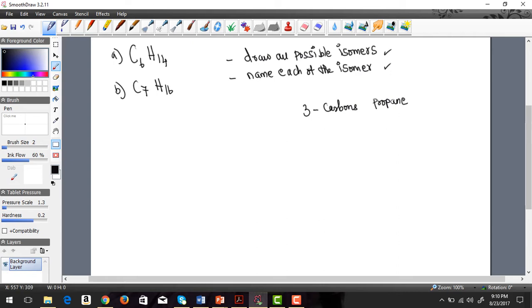Even if it is a derivative, for the straight chain part you only focus on the number of carbons. 4 carbons means butane, 5 carbons means pentane, 6 carbons means hexane.